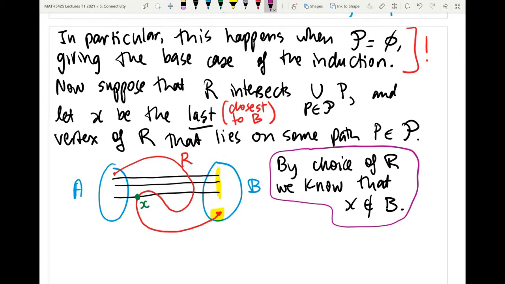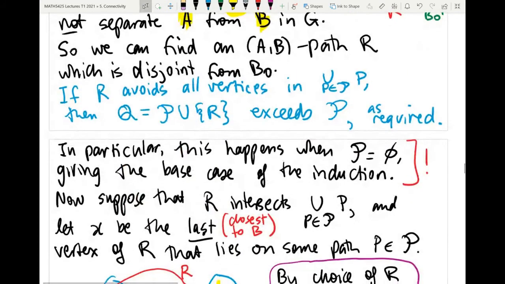Good. Now what we're going to do is, I remember I said in the induction we keep the graph the same. Why is intersection significant? Oh, because if I want my curly Q to exceed curly P, it also has to be a set of disjoint AB paths, okay?